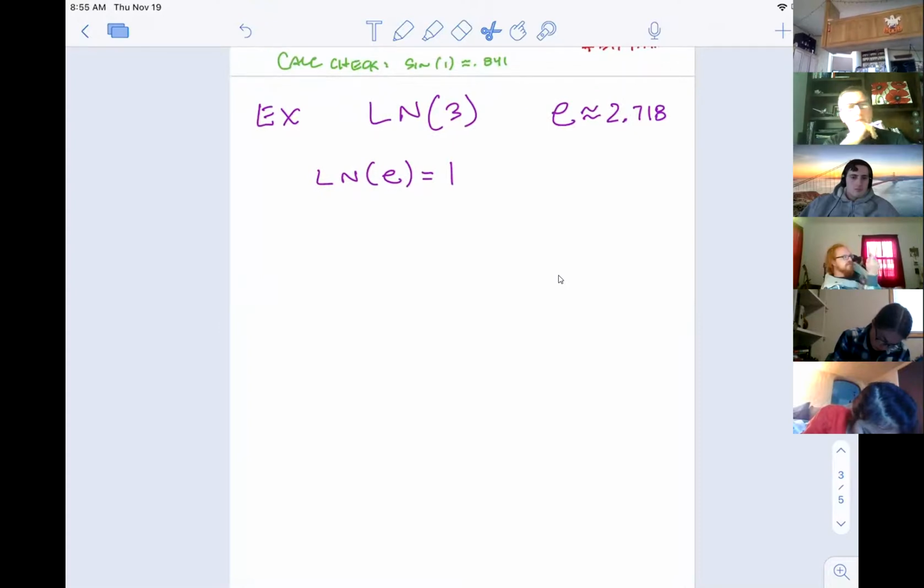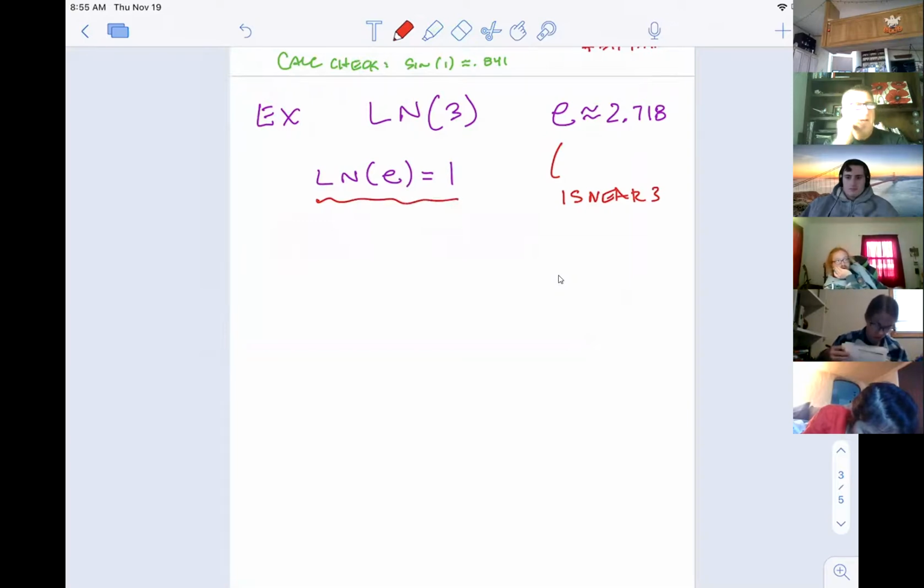So, armed with the fact that e is nearby, or I'll just say it's near 3, and you know the natural log of e is 1, let me give you a second to see if you can set this up yourself.